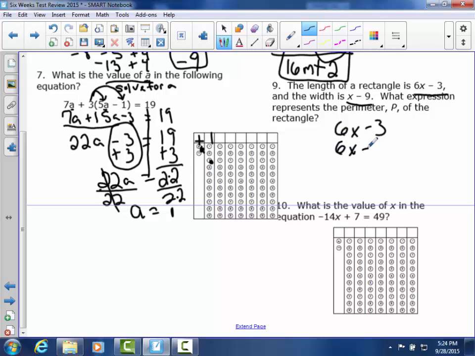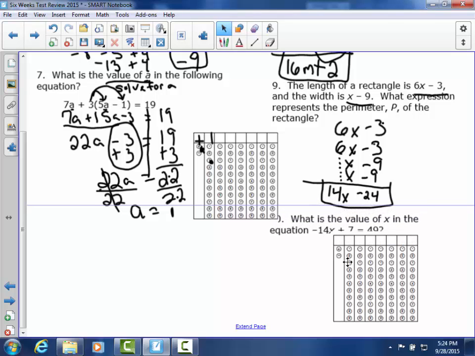So I actually have 2 sides that are 6x minus 3 and 2 sides that are x minus 9. Perimeter still means to add up all the sides, so we do that here. Negative 3 plus negative 3 is negative 6, plus negative 9 is negative 15, plus negative 9 is negative 24. Then we have 6 plus 6 is 12, plus 1 is 13, plus 1 more is 14. So 14x minus 24 is my answer.